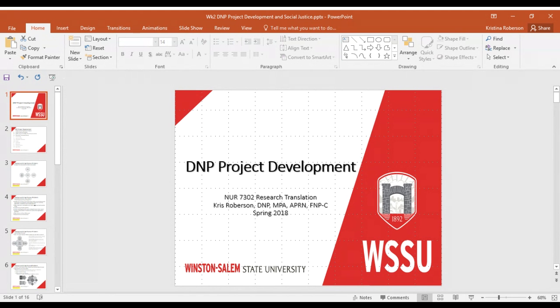Physical environment plays a small part, but you can see that healthy behaviors plays a very large and significant part. And you can also see that social and economic factors such as education, employment, income, community, these things play a very, very large part.